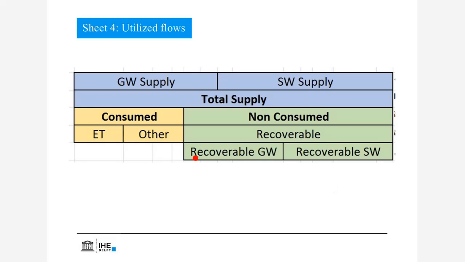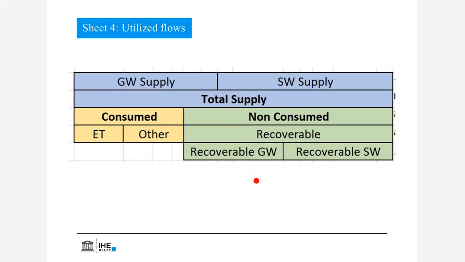Once you have the total supply, which can come from groundwater or from surface water, a part is consumed as ET or in terms of pollution, and a part is non-consumed. And this non-consumed is usually recoverable and then can be sent to the groundwater system or the surface water system. So you will see this information in the script as well.